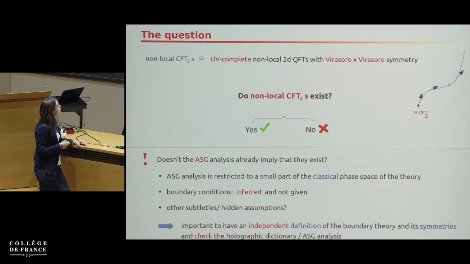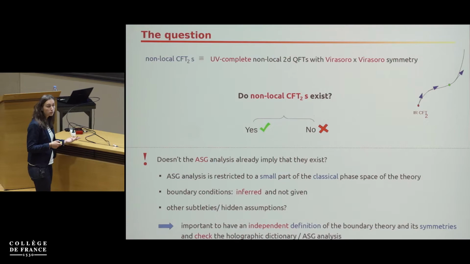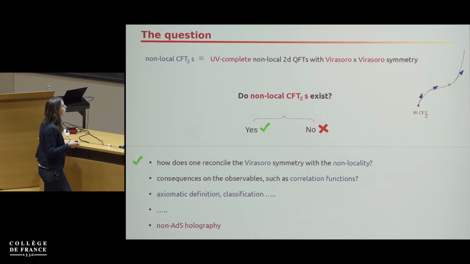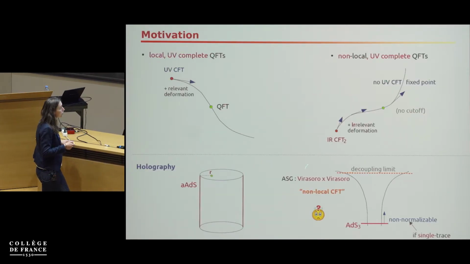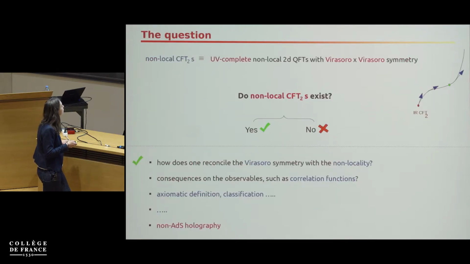Moreover, in many of the ASG analyses in the literature, the gravity theory is truncated to the pure gravity sector. So that raises the question: you might be seeing some symmetries in the pure gravity sector, but do those symmetries survive once you include matter fields? In this paper over here, we actually did include matter fields and still saw the symmetries. So that's another thing.